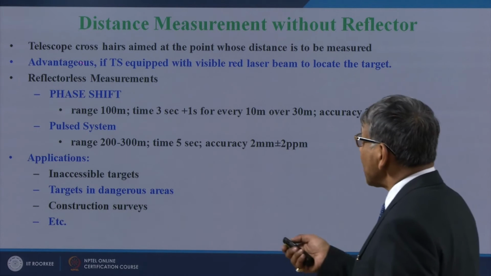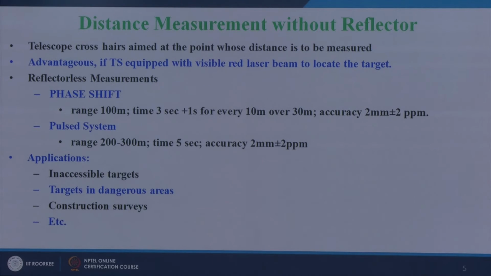Now, one more thing, in reflectorless measurement generally we prefer the pulsed system of measurement because that provides us a bigger range, though the duration of observation will be more, however the accuracy will be better than what we will get in phase shift measurement.